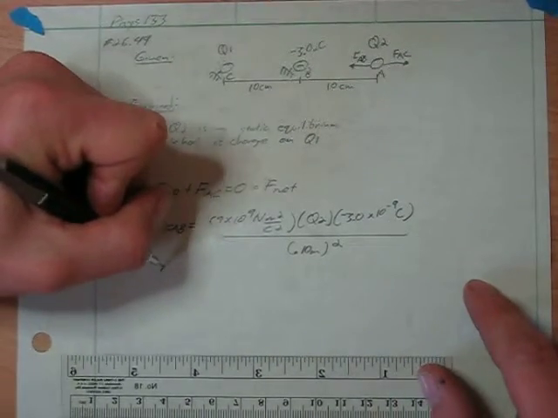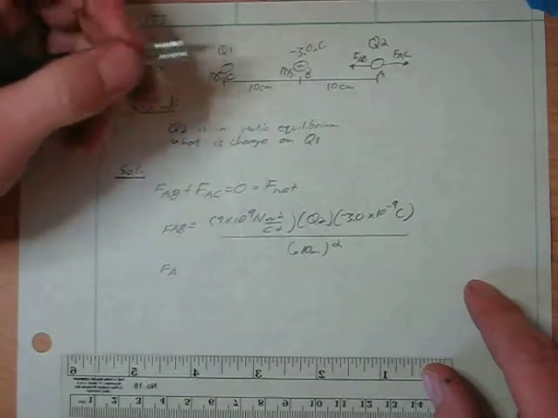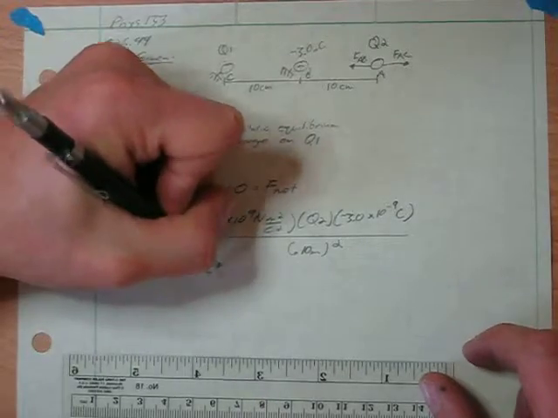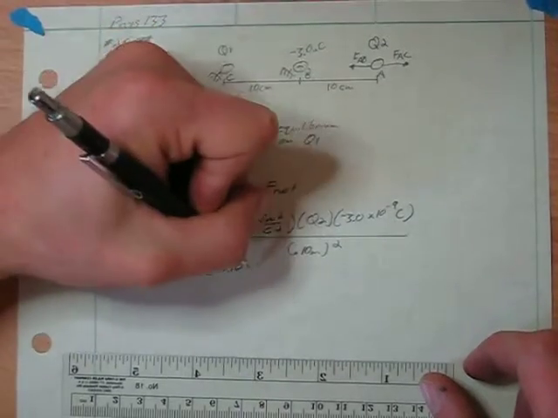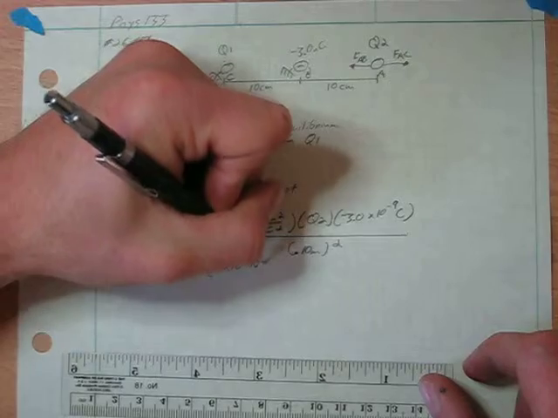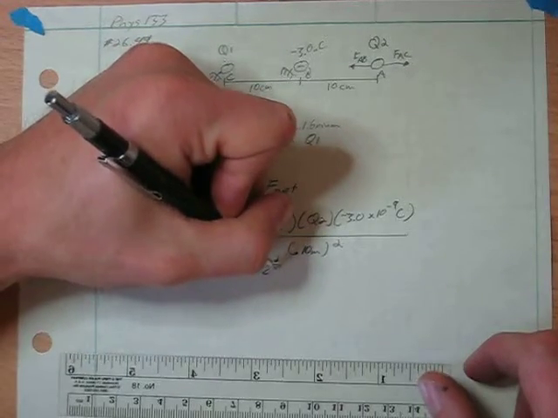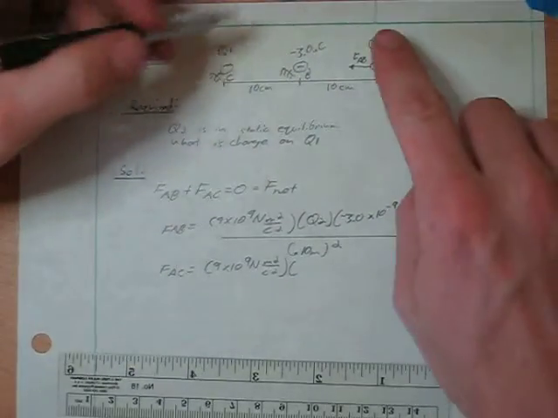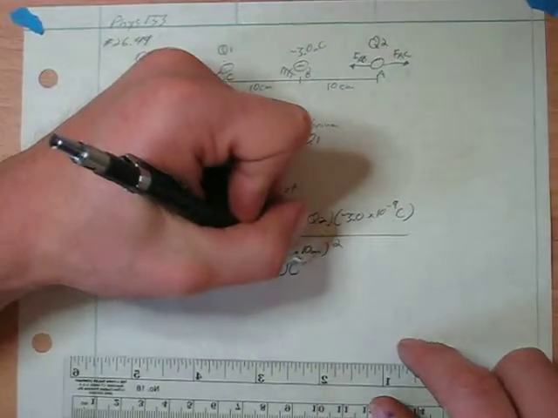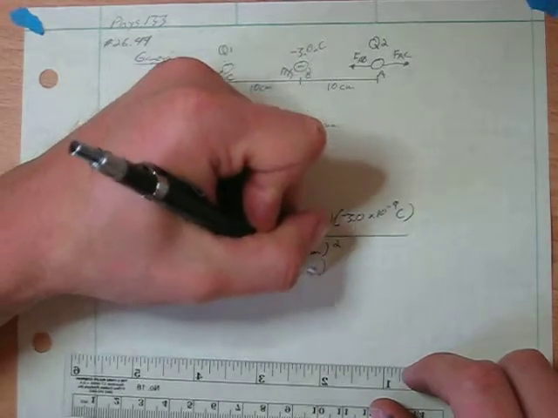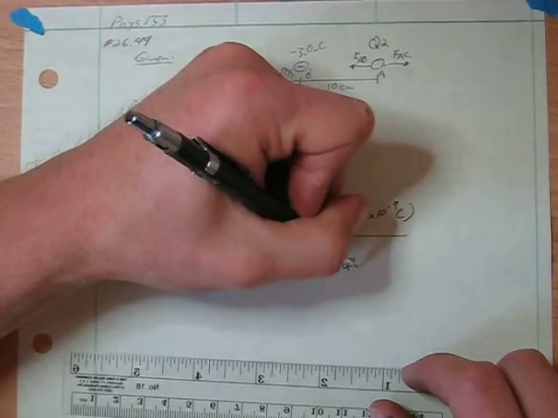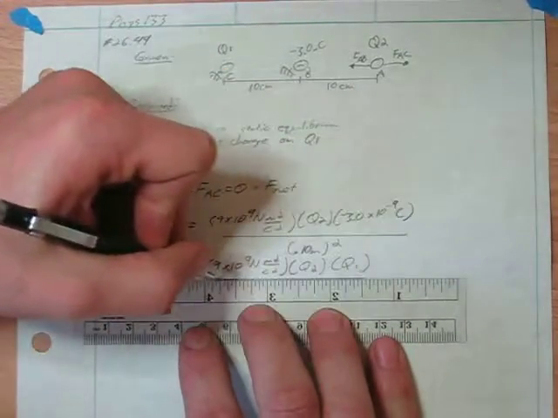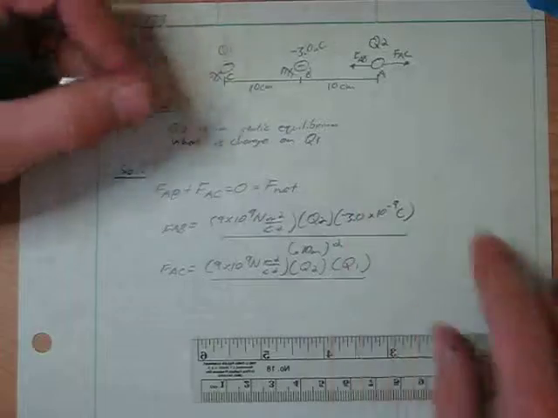Alright, so let's do the other one. FAC is equal to, once again we've got that k constant in there, times 10 to the 9th newton meters squared over coulomb squared. We've got Q2 because we're going between Q2 and Q1, and that is all divided by the distance between those, which is 10 plus 10, 20.